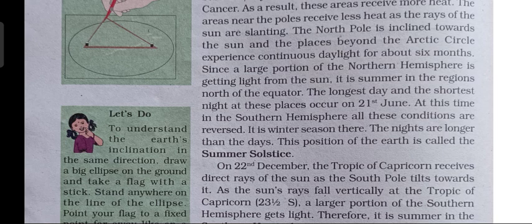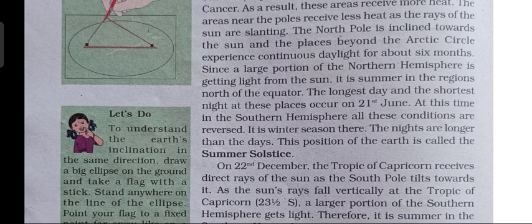Since southern hemisphere is away from the sun on 21st June, that is why southern hemisphere experiences winter season during this time, and the nights become longer than the days. The nights become longer and the days become shorter. And children, the South Pole experiences continuous darkness for 6 months.